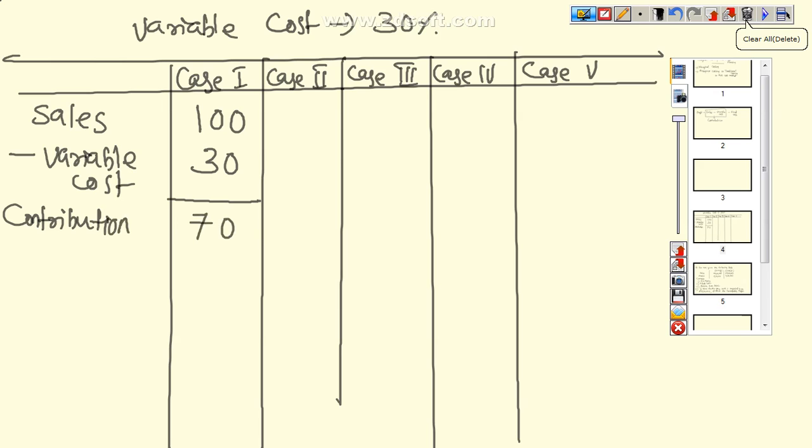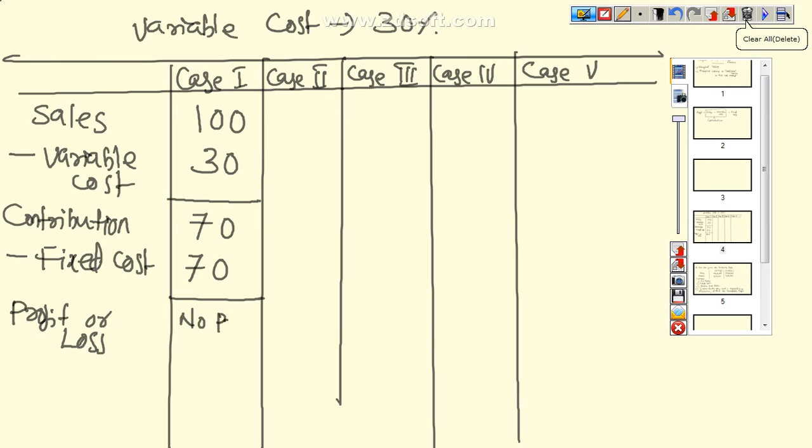After calculating contribution, we have to deduct fixed cost. Suppose my fixed cost is 70. Now here we are getting profit or loss. So there is no profit, no loss in case 1. So we can write it here, no profit, no loss. Now, suppose we consider the total cost.